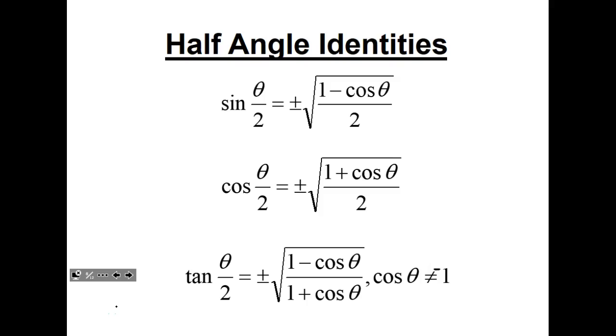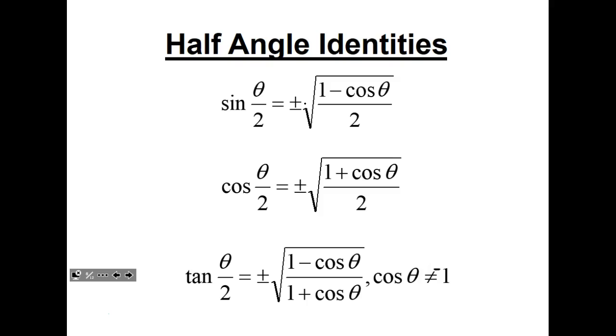Because negative 1 will give you 0 in the denominator. So fix that on your notes there. That should say negative 1 instead of positive 1. On the identities on the quiz, if you leave that cosine cannot equal negative 1 off, I'm going to be okay with it. As long as you got this part right, you'll get credit for the problem. Okay.